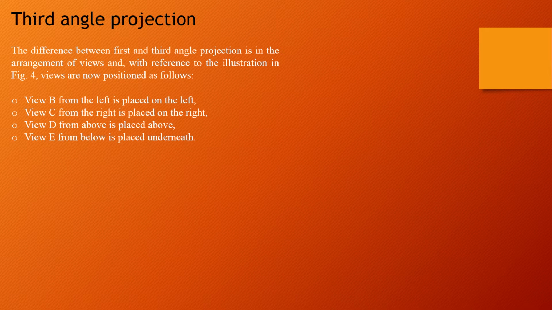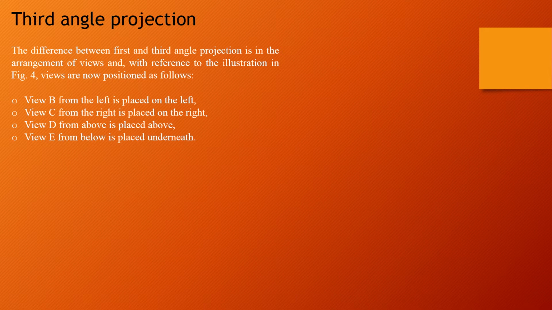In first angle projection, if it is the left side view, you place it on the right side. If it is the right side view, you place it on the left side, and the top view we place at the bottom.